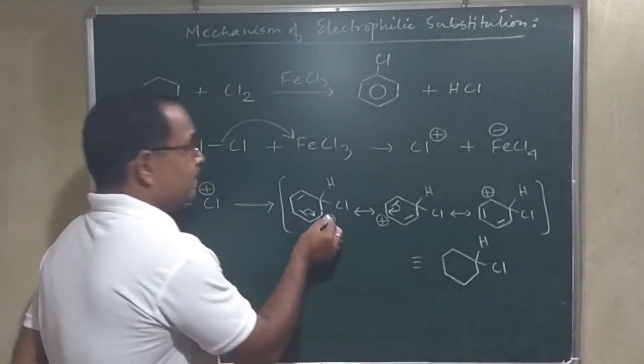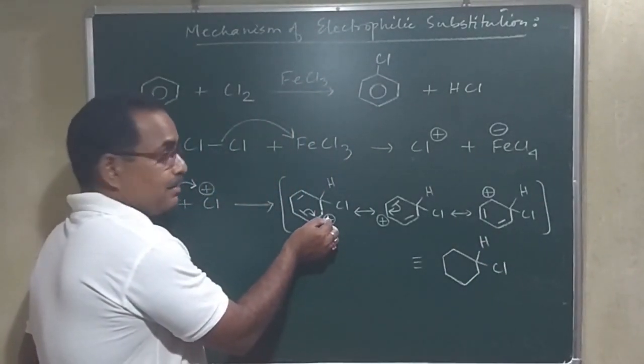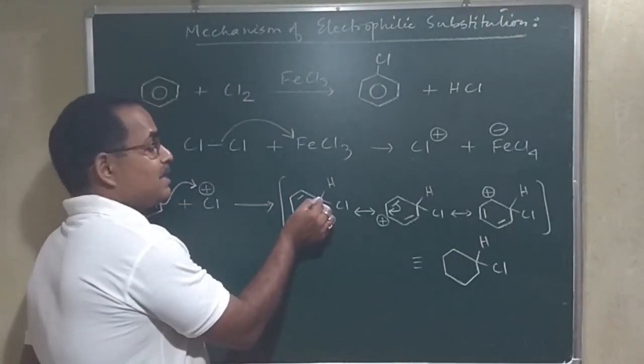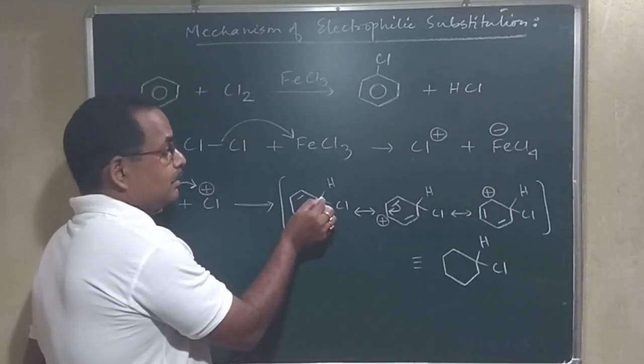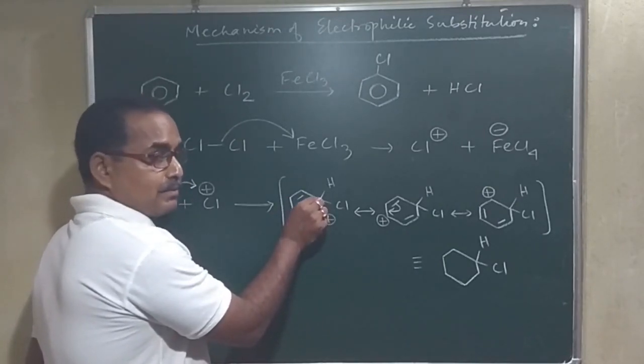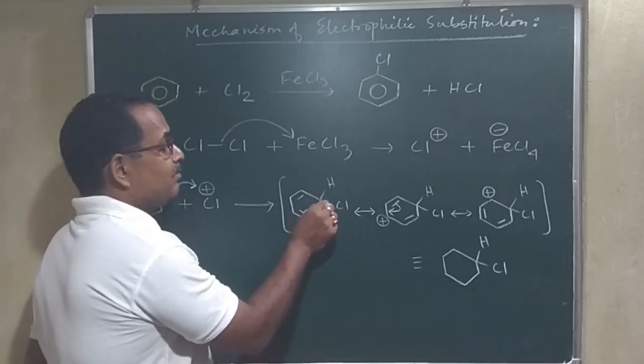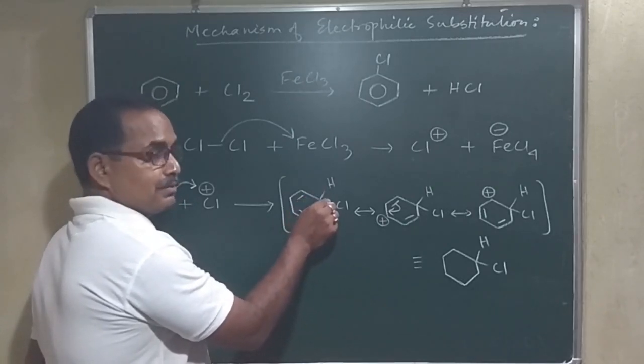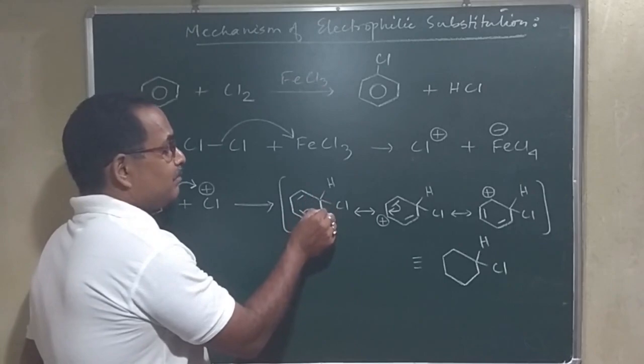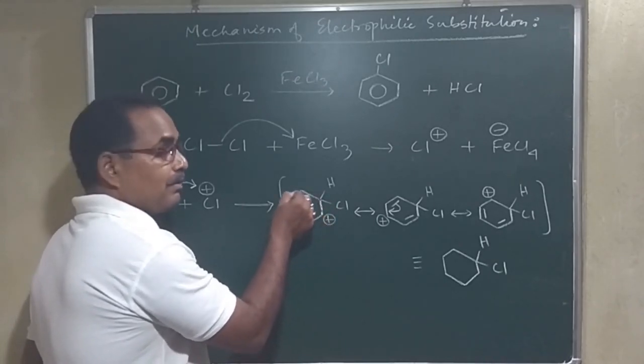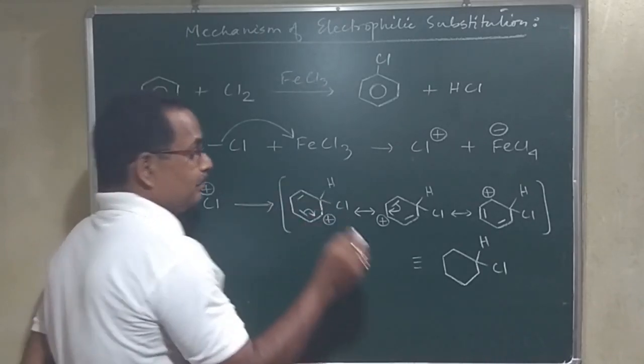You look at one thing, the positive charge is all over the species except at this carbon. At this carbon there cannot be a positive charge because it is a tetravalent carbon. 1, 2, 3, 4. So except this carbon, the positive charge is distributed all over the molecule.